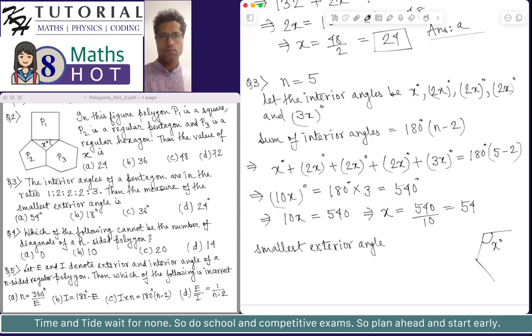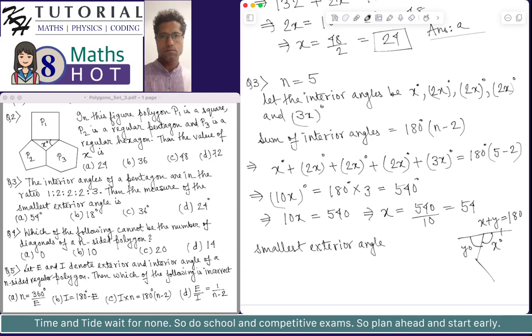What is the exterior angle? You extend this side, and so this is exterior angle, and we always have x plus y is equal to 180 degree, because they are linear pair of angles.